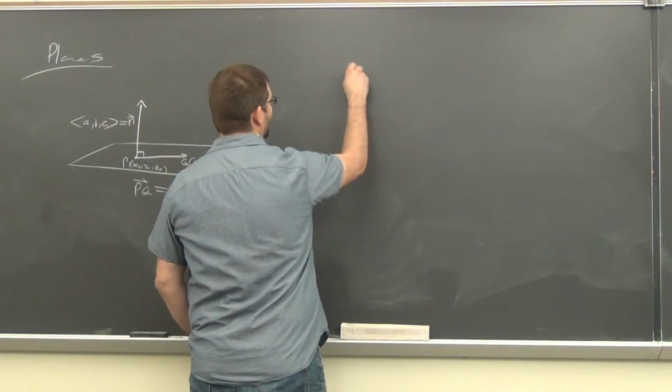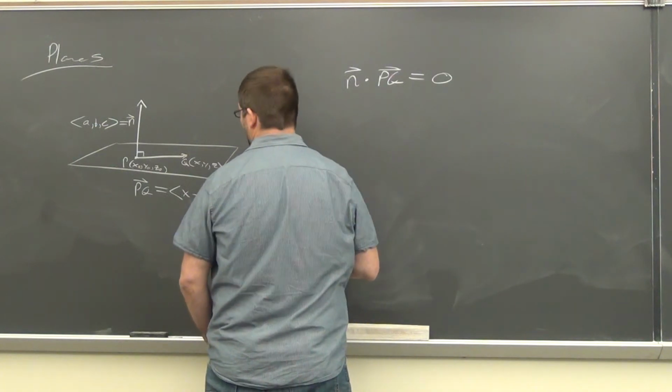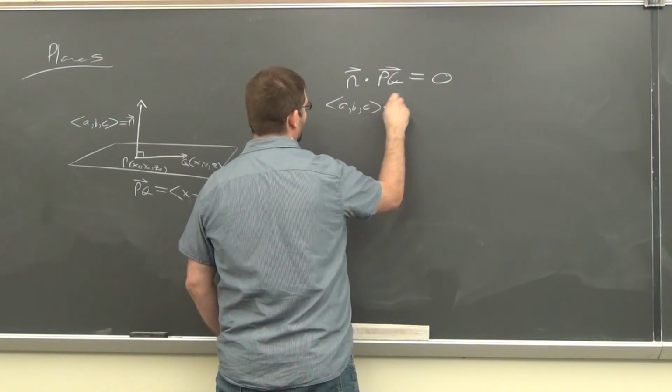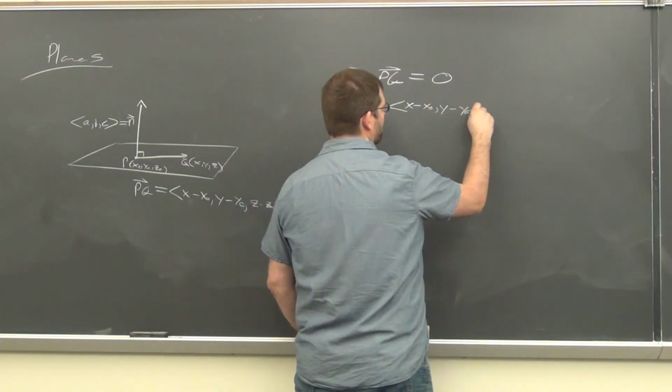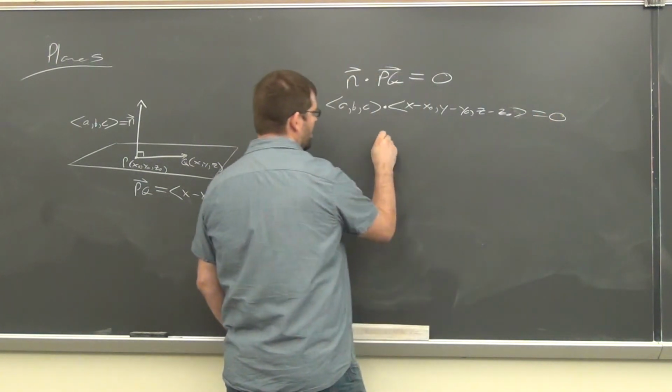And so if we just look at n dot PQ equal to 0, so that's just A, B, C dotted with that vector, and so you end up with a formula.